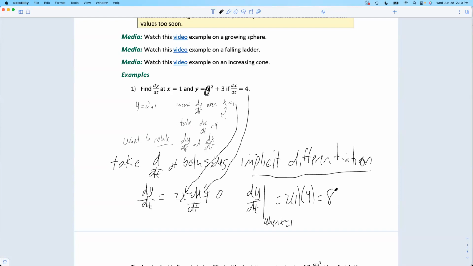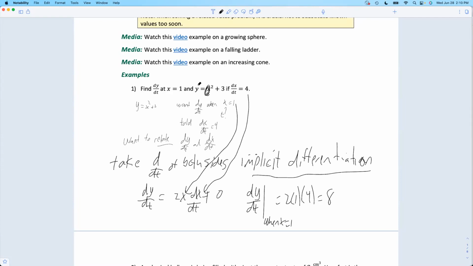So every problem is going to be like this. We're going to have some word problem. Our first goal is to write some equation that relates all of our variables. And obviously it's got to be a true equation. We can't just make up an equation, but it's got to be some true relationship between our variables.